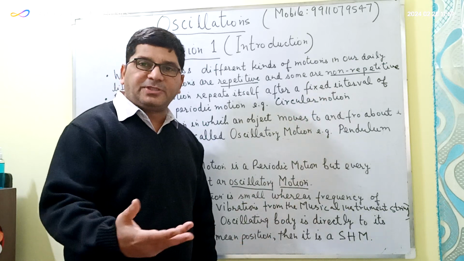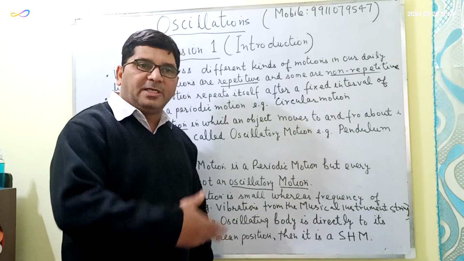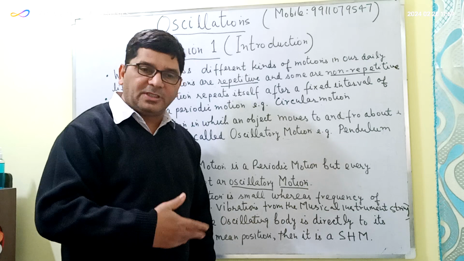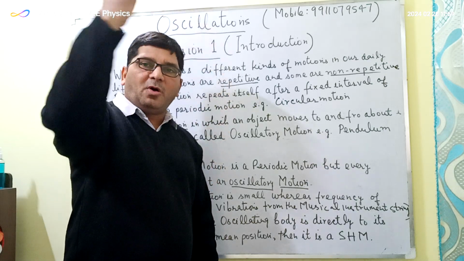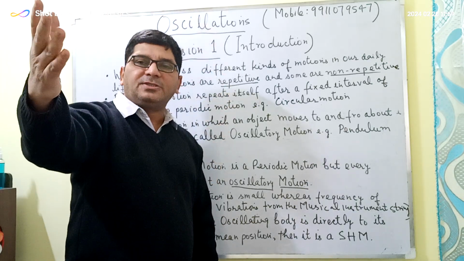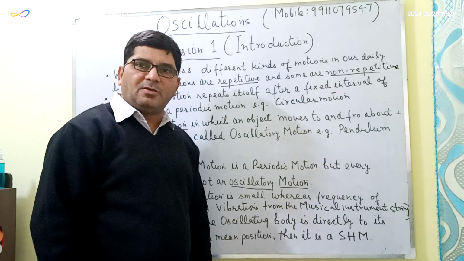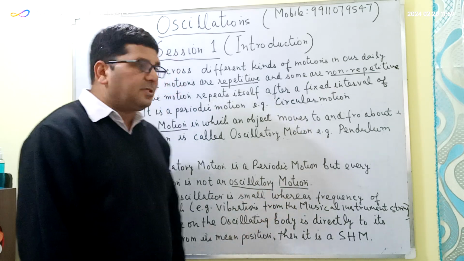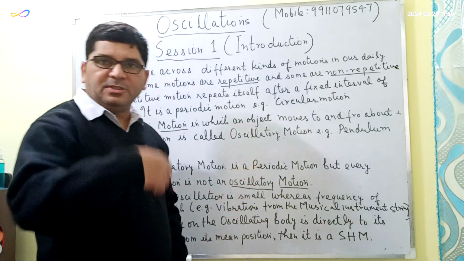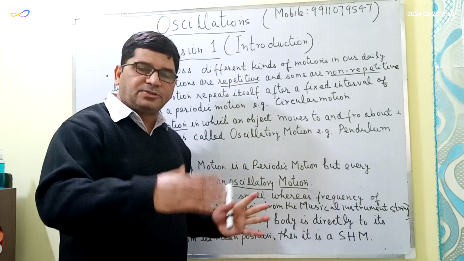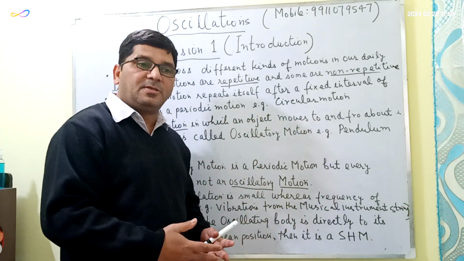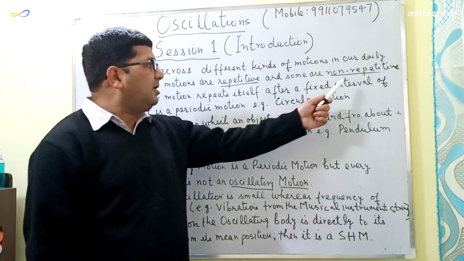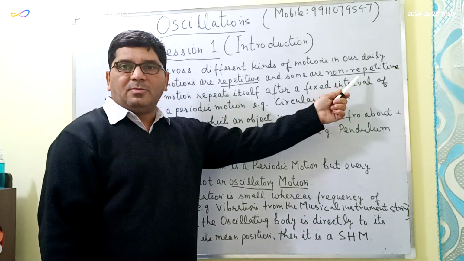In the case of a projectile motion, when we throw a ball at a certain angle with the horizontal, with the ground, then the ball covers a certain distance in the air and it falls down on the ground and the motion completes. So the motion in this case is not repeating, and therefore it is called a non-repetitive motion.